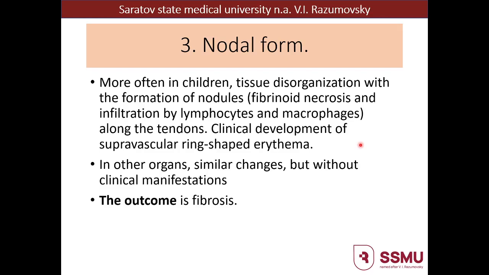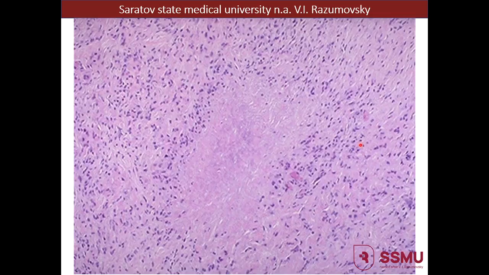And the outcome of this form is the formation of fibrosis in the place of the pathological process. On this slide, we may see a fibrinoid necrosis center and accumulation of inflammatory cells around it.